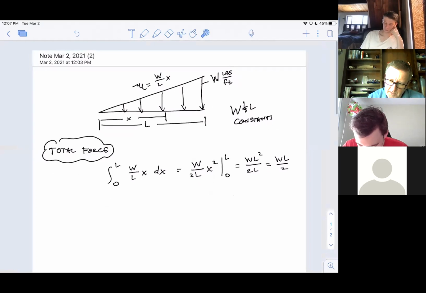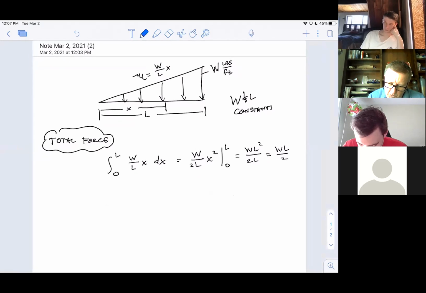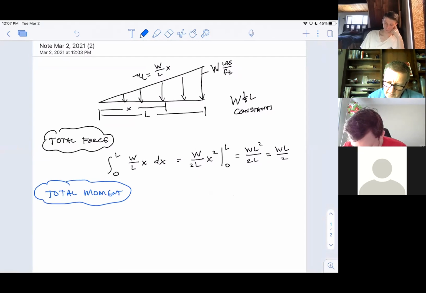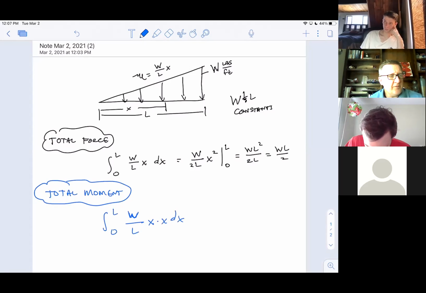Now let's find the total moment. We said that was also from L to 0, except for we're taking W, capital W, over L times X, and we're multiplying it by X again. So now it's a force times the distance.